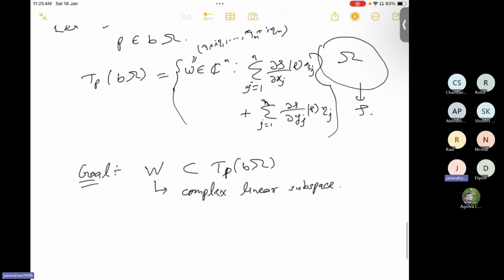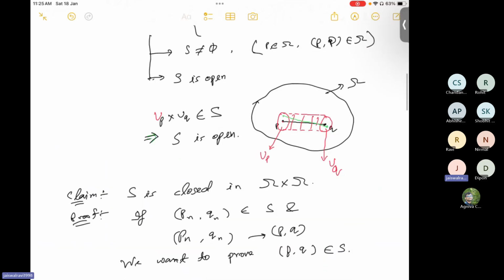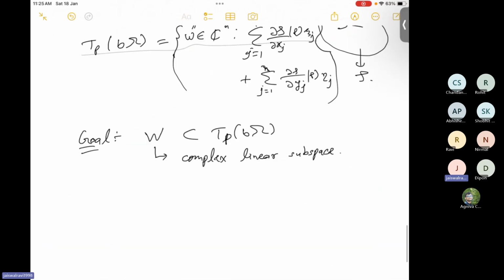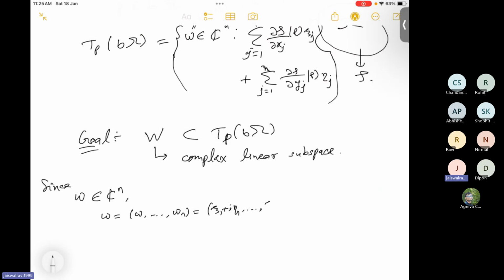Let us identify w in Cn with R2n. Since w is in Cn, you can write w as w1 to wn, which is xi 1 plus iota eta 1, dot, xi n plus iota eta n, and this you can identify in R2n as xi 1, eta 1, dot, xi n, eta n.